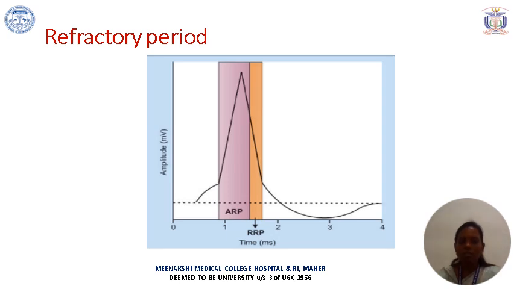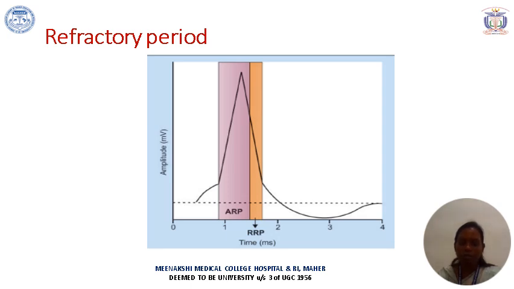Why? Because the sodium channel is already open because of the first stimulus. If you apply a second stimulus at that time, we can't expect the sodium channel to respond, because it is already open. So we have to give time for the sodium channel to return to the resting state and open up again. So there is a refractory period.